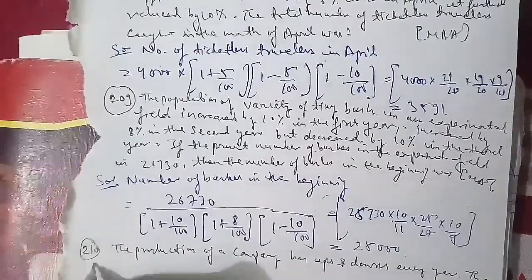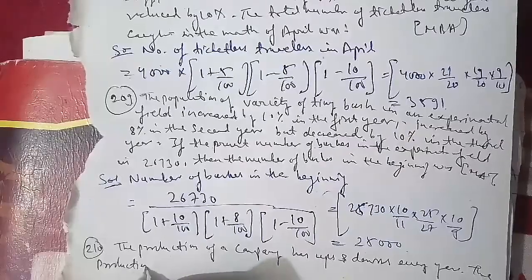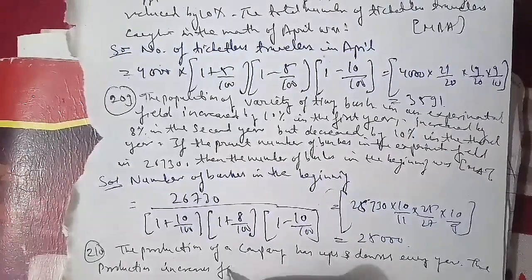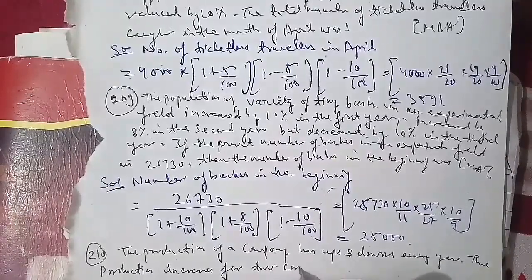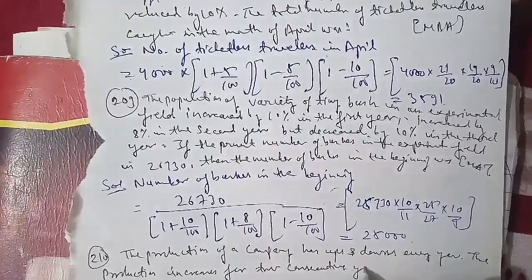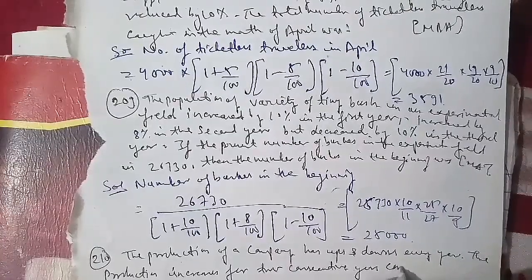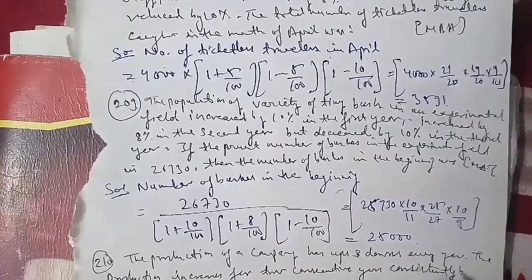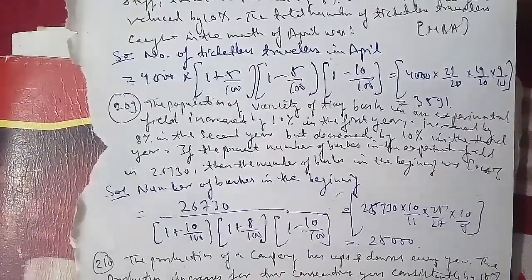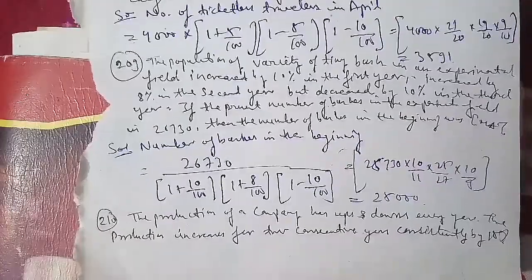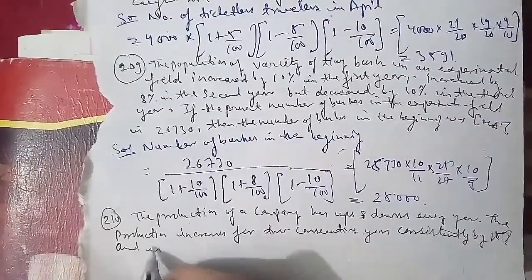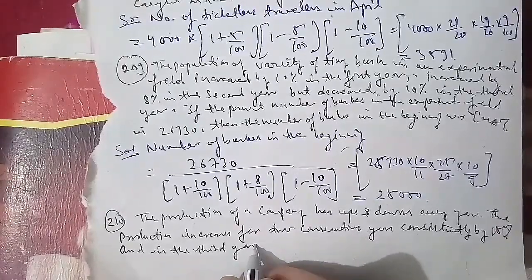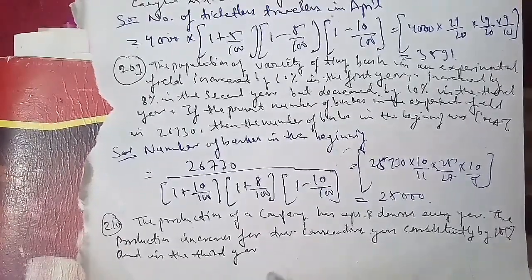The production increases for 2 consecutive years consistently by 15%, and in the third year it decreases by 10%.